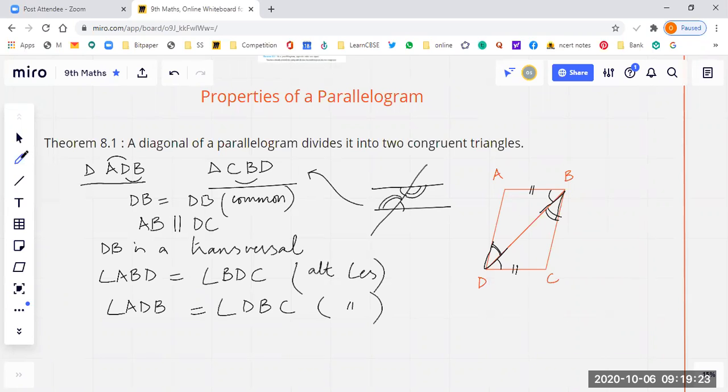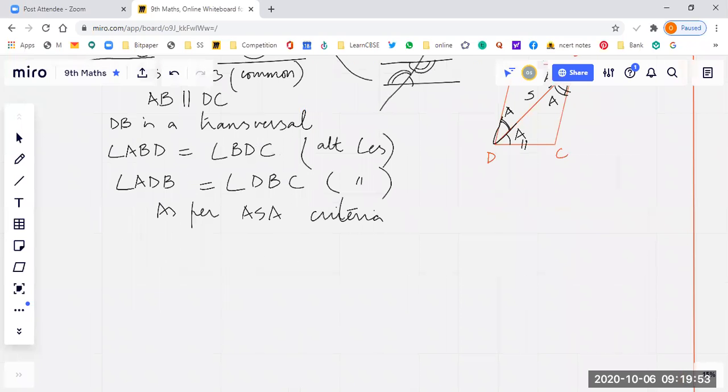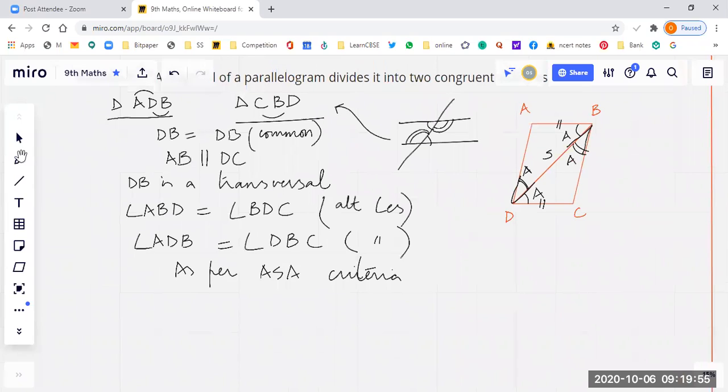You see that this angle, then the common side, and this angle: ASA. Here also this angle, common side, and this angle, right? So as per the ASA criteria, yes, students, am I right? As per the ASA criteria, what can I say?